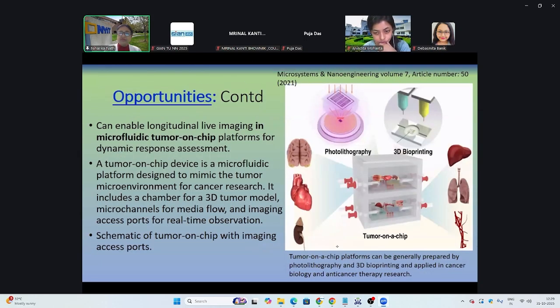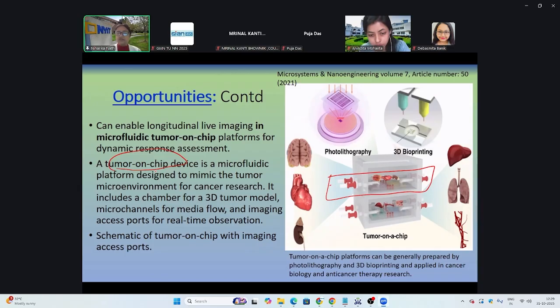So some more opportunity in terms of microfluidic studies. Microfluidic studies again is a whole tumor in a microfluidic chamber. So this is the microfluidic chamber, but that's not the opportunity. The opportunity is that once we have this tumor on a chip or this tumor on a slide, then we can do some kind of imaging on it.